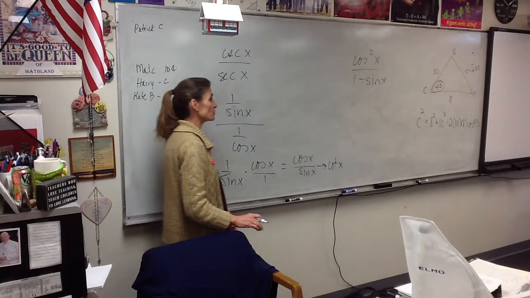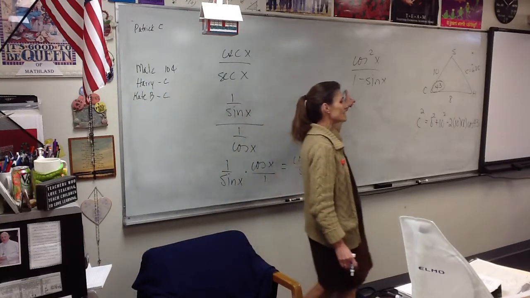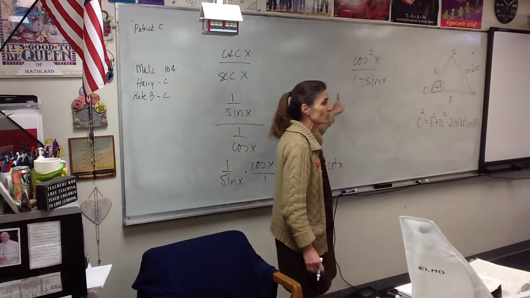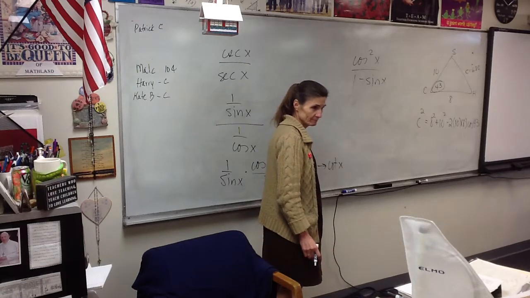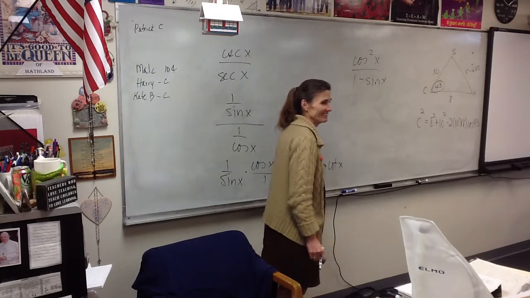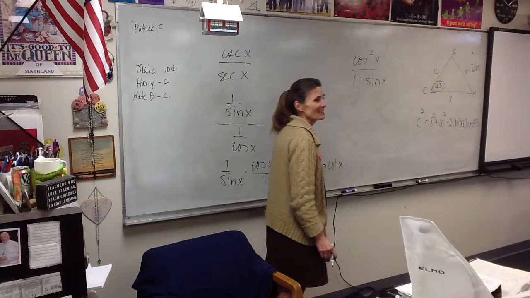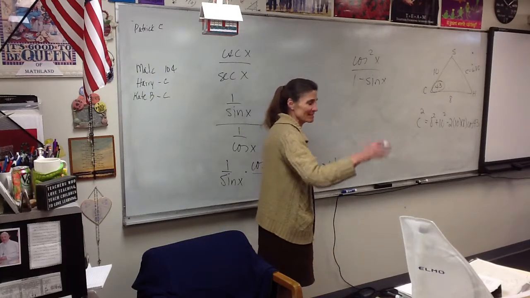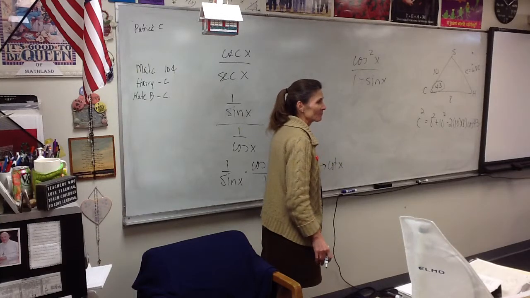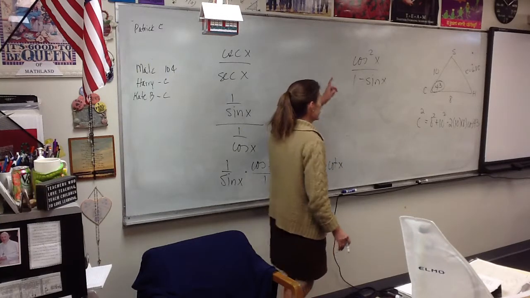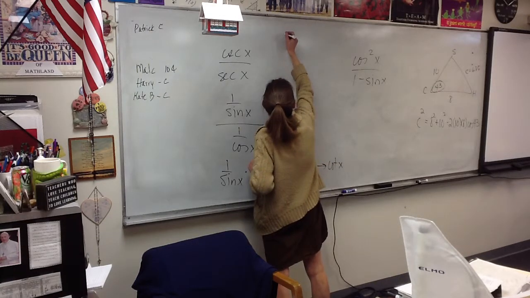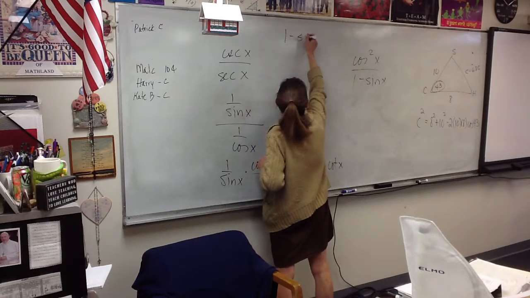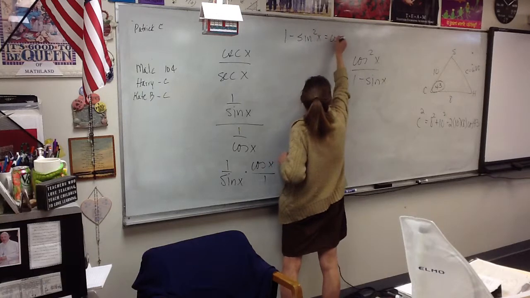Now, what about this one? This one's a little bit tougher, but we've done it before. We've done a problem just like this before. 1 minus sine squared. Thank you, Brooke. On our purple sheet, you have written down that 1 minus sine squared is cosine squared.